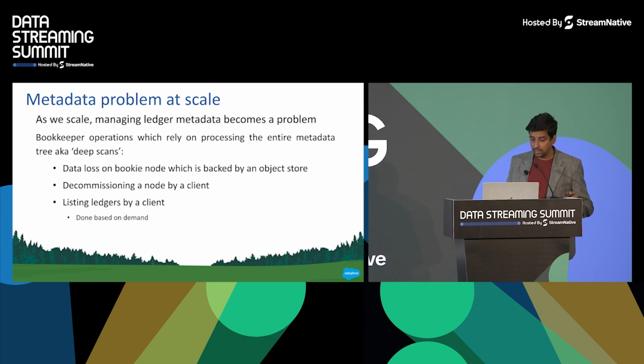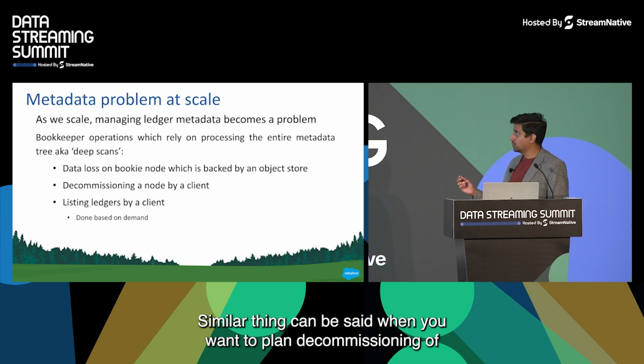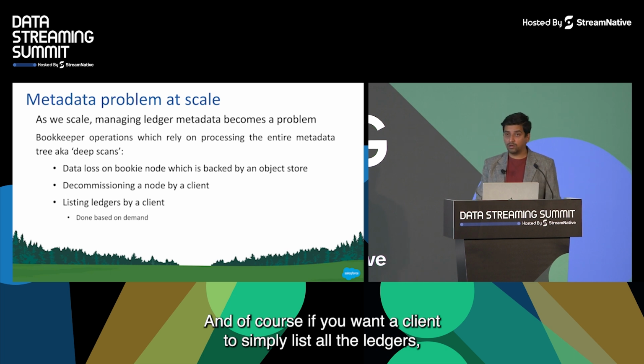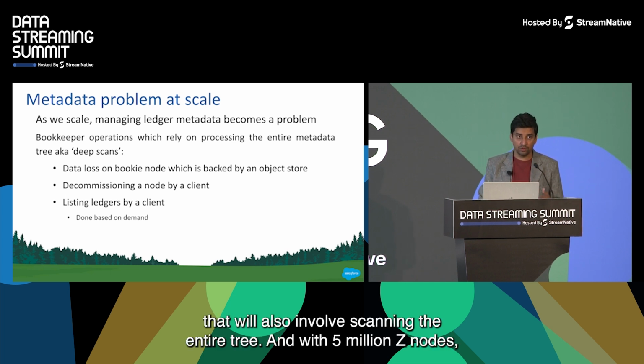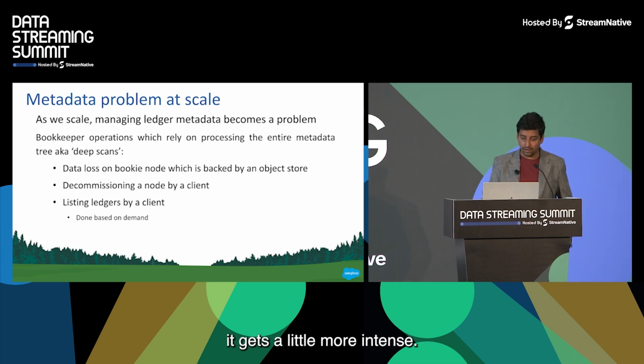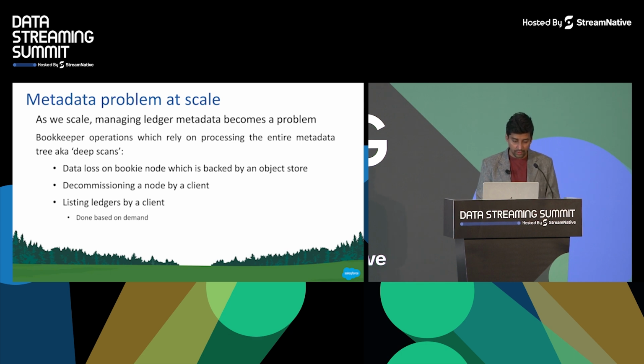That's a deep scan, right? A similar thing can be said when you want to plan decommissioning of a particular node. And of course, if you want a client to simply list all the ledgers, that will also involve scanning the entire tree. And with 5 million ZNodes, it gets a little more intense, right?